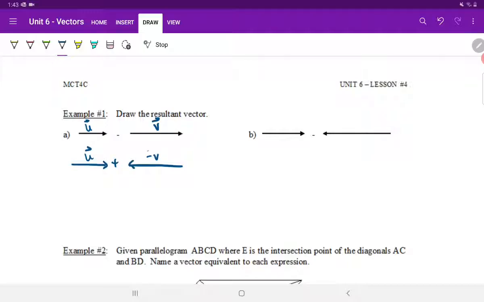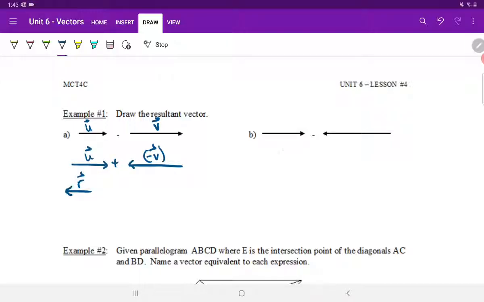So this will be known as my negative V. The example is to draw the resultant vector. If I overlay these on top of each other, I'll just be left with a small resultant going in this direction. That's known as my resultant.